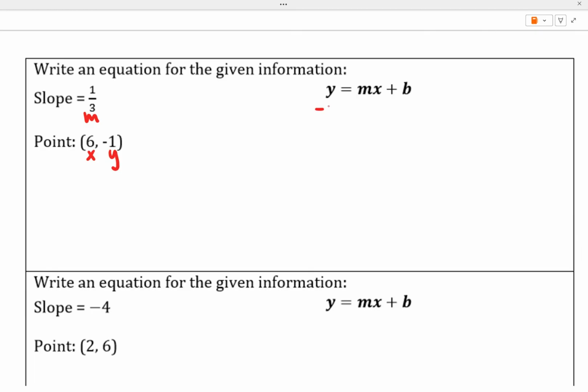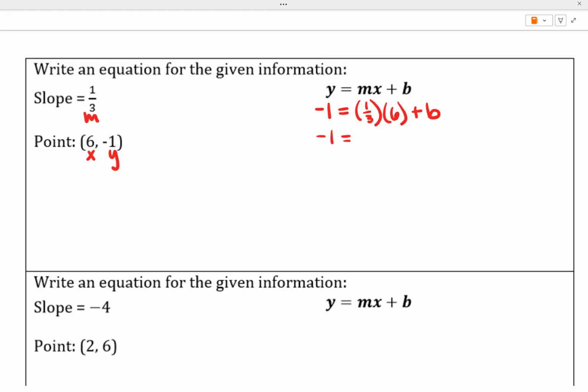y is -1 equals m, which is 1 over 3, times x, which is 6, plus b. And we're trying to solve for b. We're going to need to simplify this 1 over 3 times 6. You can use a calculator to do that.